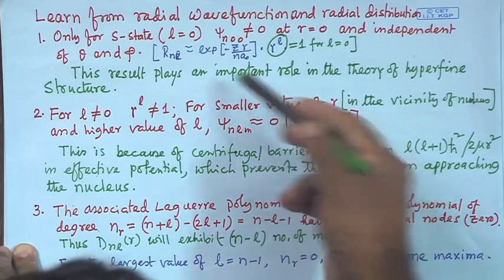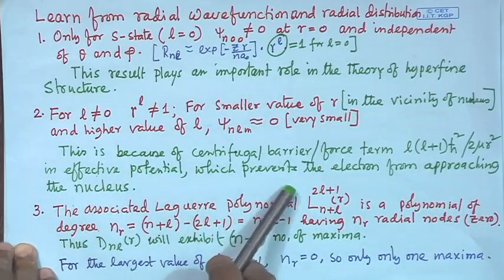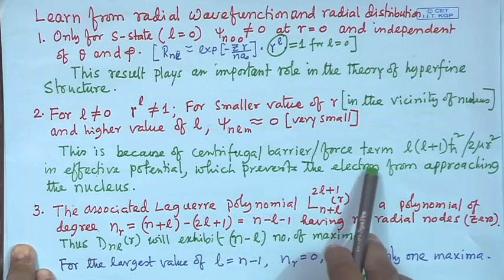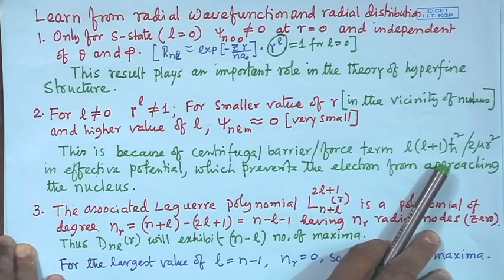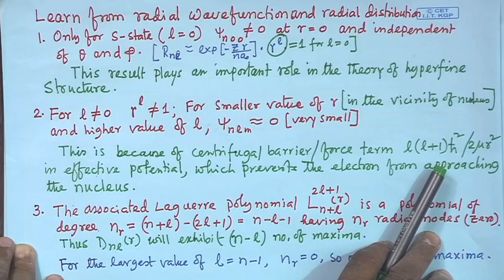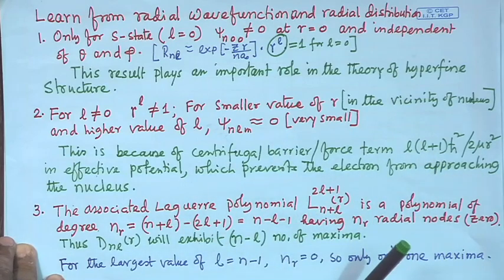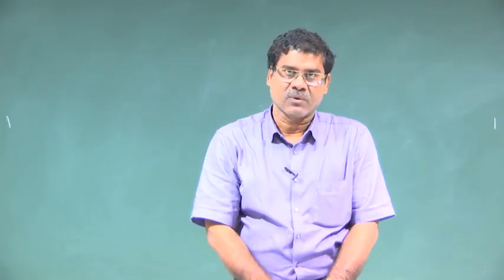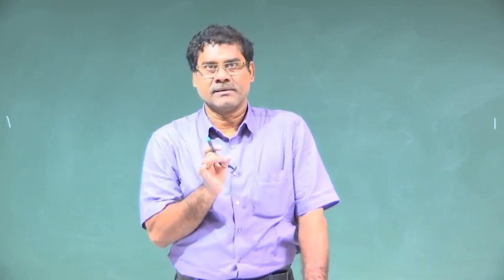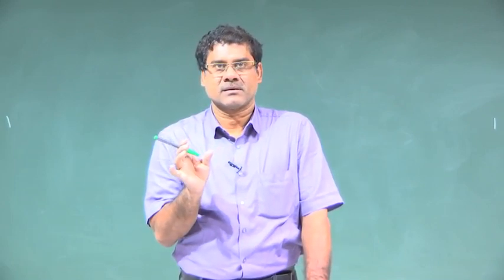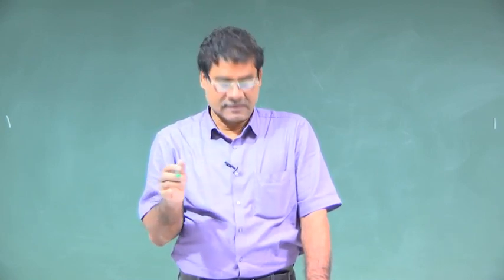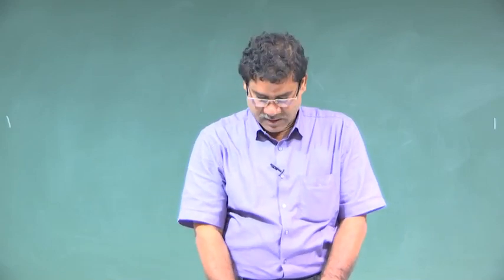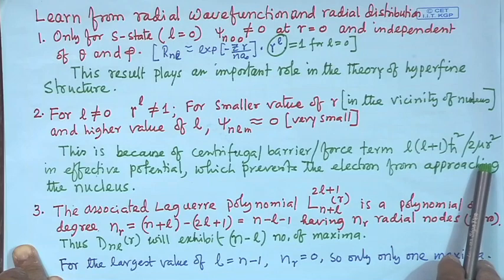Why is it so? I mentioned that this is because of the centrifugal barrier or force term. Probably you remember this kind of term came when we were solving the Schrodinger equation. There one term was the energy term E, another term was the potential energy V(r), and another term was L(L+1) h cross square by 2 mu r square.